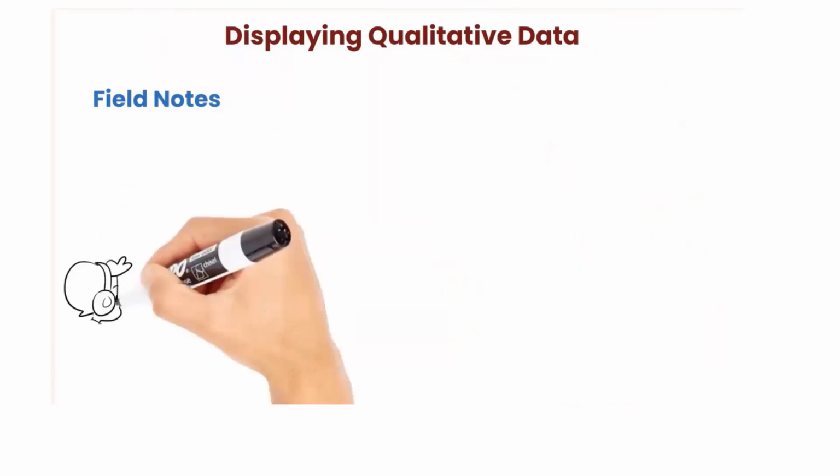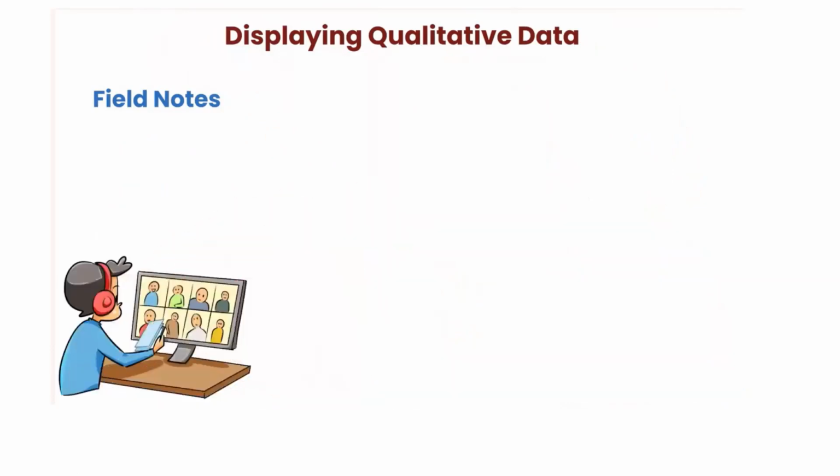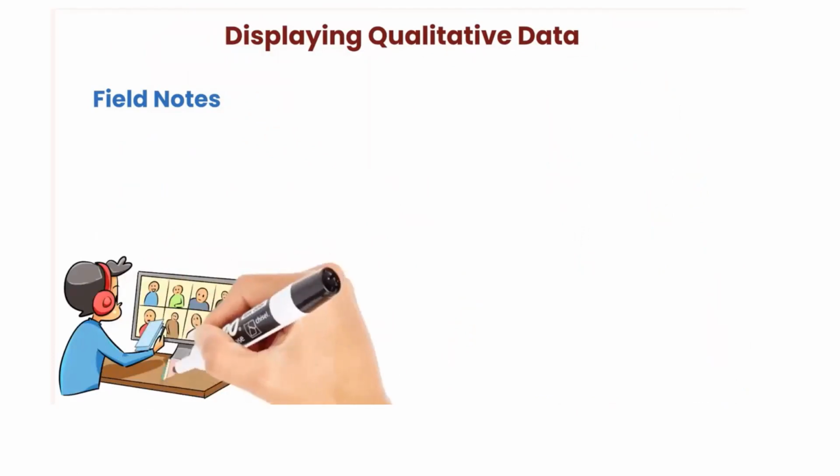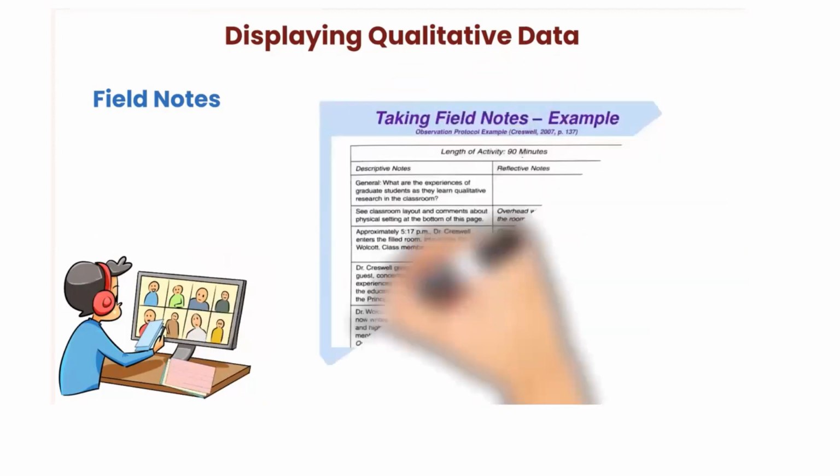Finally, field notes can also be used to display qualitative data. To get more insights into respondents' behaviors, activities, processes, and background or environment, it is important to get field notes in your diary from the data collection site. See this example.